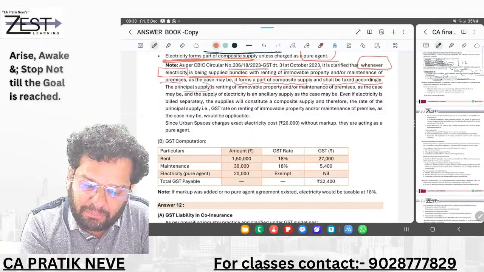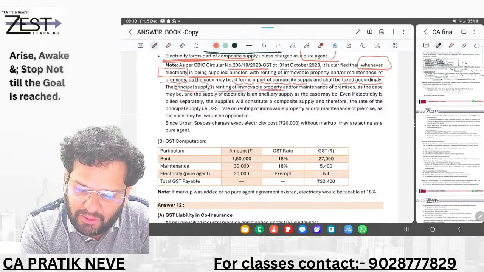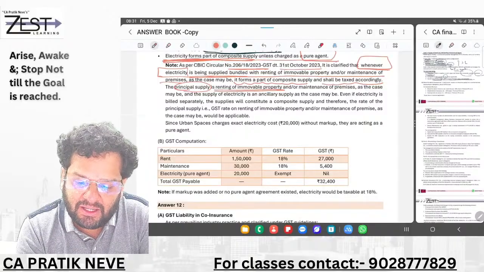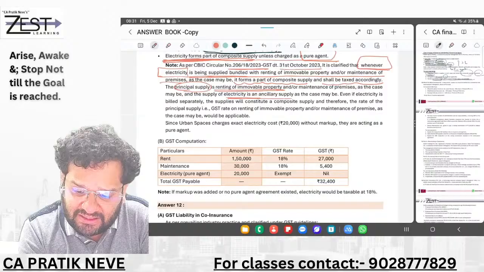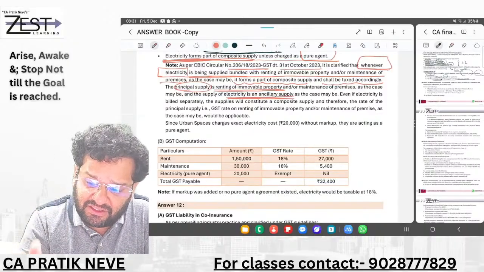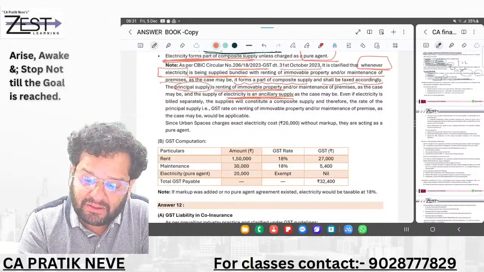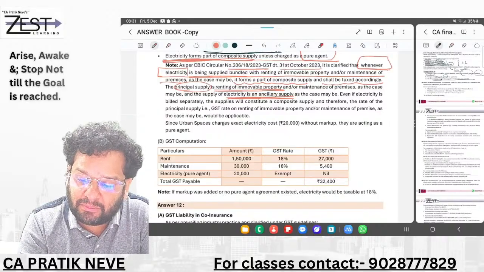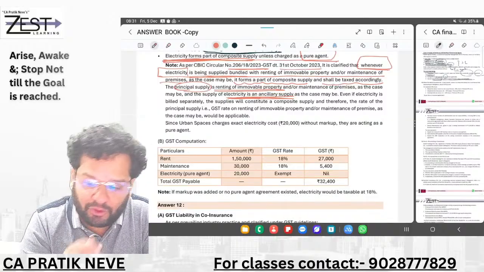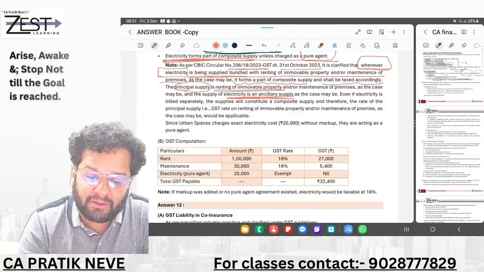The principal supply is renting of immovable property and/or maintenance of premises, as the case may be, and supply of electricity is an ancillary supply. Even if electricity is billed separately, the supplies will constitute composite supply and therefore the rate of principal supply, that is GST on renting of immovable property, would be applicable.